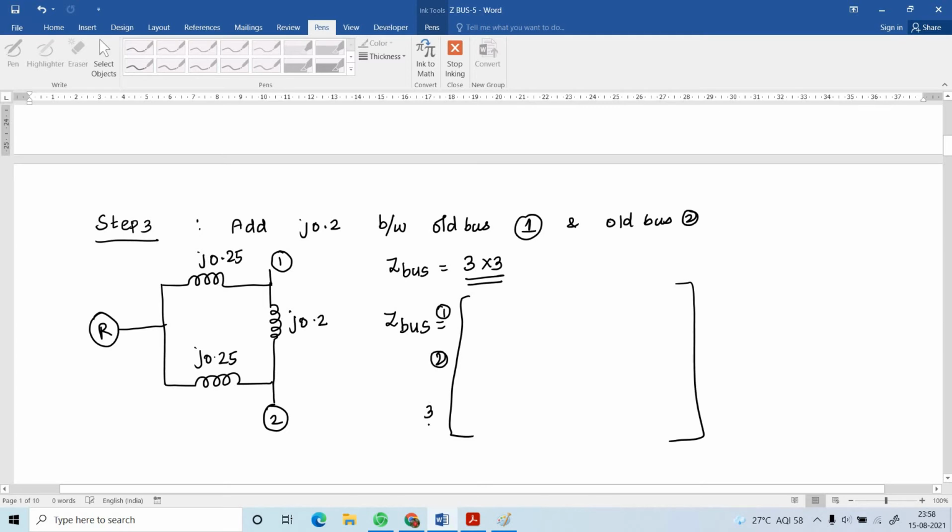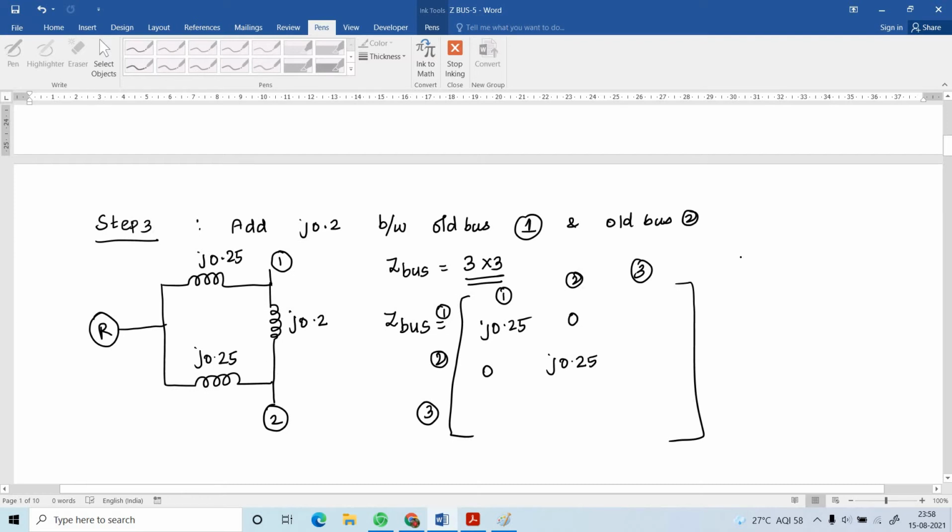1, 2 and 3. 1, 2 and 3. Already we have the old bus entries. I have to copy down the same old bus entries here. 0, 0, J0.25. See here, 1 and 2 both are connected together. How to find this? Now 1 minus 2.